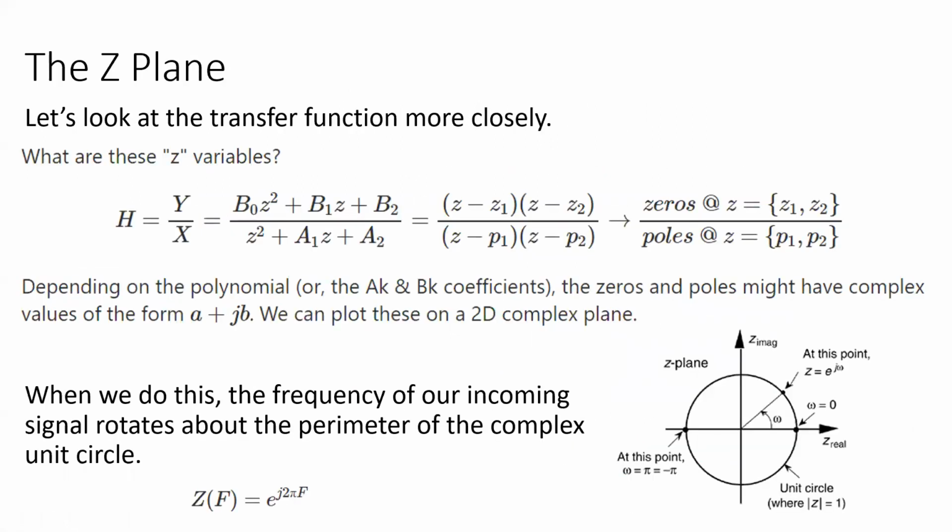So that takes us into the z-plane. It's useful, I just brushed by why we're using z. These z variables are representative of delay, but they are also variables, and so we can treat them as such and do some interesting things with them.